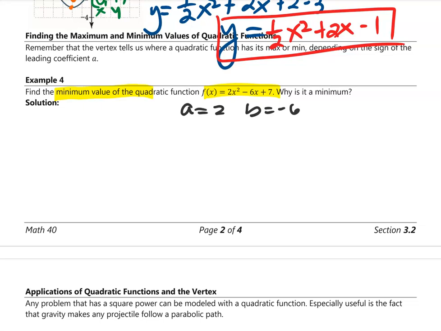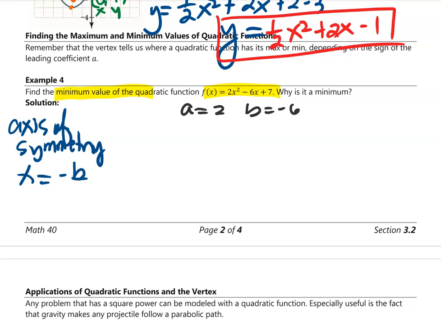And remember, from above, the axis of symmetry is x is equal to -b over 2a, and the axis of symmetry is the x part of the vertex.